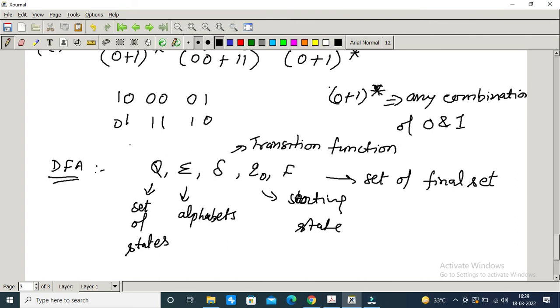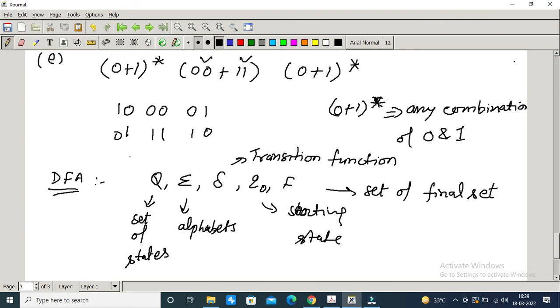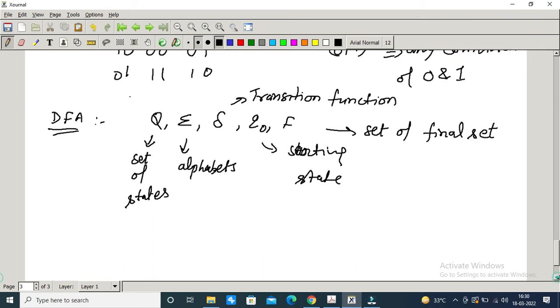You cannot draw a machine for it. In the exam they are not going to ask this same question again, but obviously this type of question can be like other questions, for example any combinations that end with 00 or 11, right? So they can ask you any question to design or draw a deterministic finite automata.